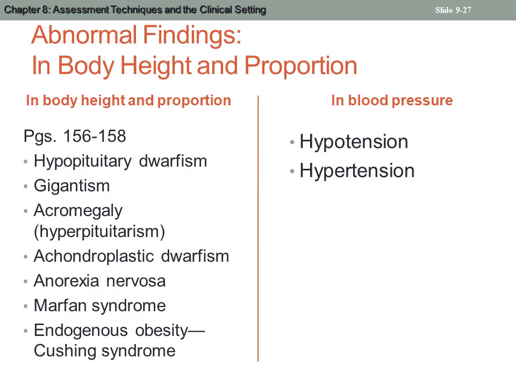And then we have some abnormal findings that you could actually note as well. So some abnormal findings related to the person's body height. You may see a person really, really tall, gigantism, or a person that is a dwarf, really, really short. Related to bone structure, you could have acromegaly occurring, and that would be the facial features changing, like a woman would look more manly, and that's because of hyperpituitarism that has occurred.